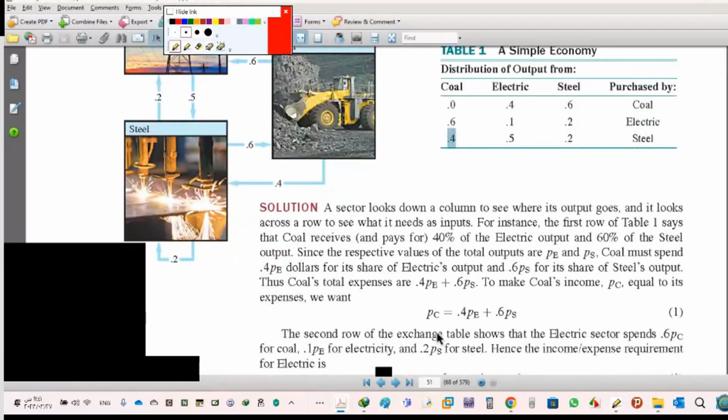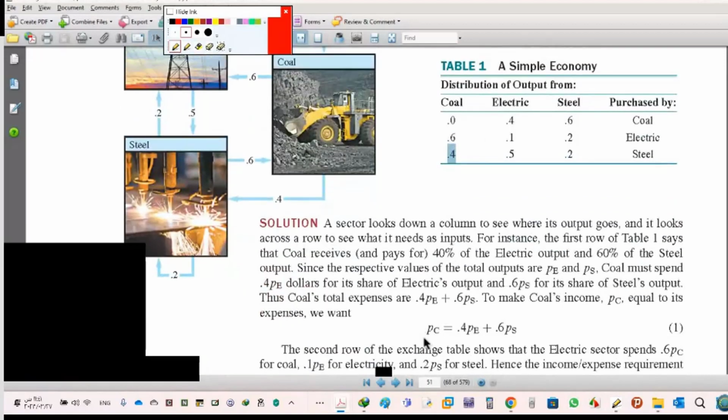See in your book, they converted, for example, coal to be B coal, then electric 0.4 B electric, and 0.6 B steel. So just focus on converting the words to variables. B coal equals 0.4 from B electric and 0.6 from B steel.